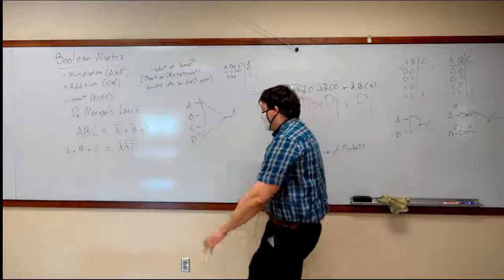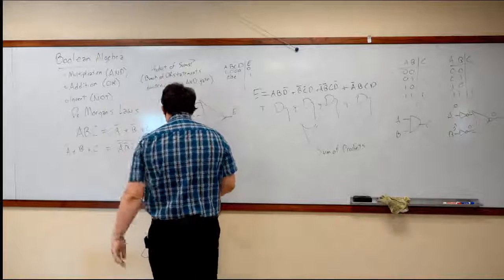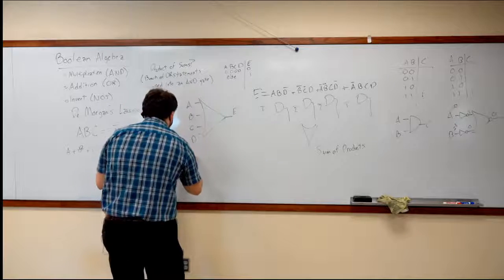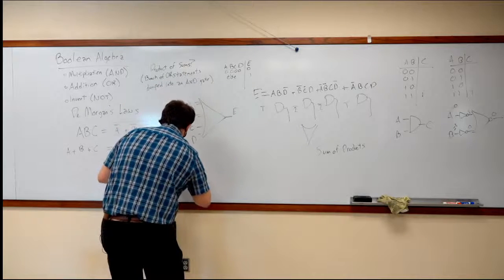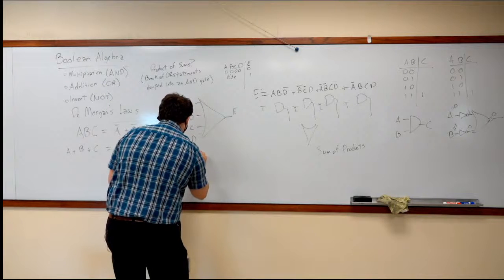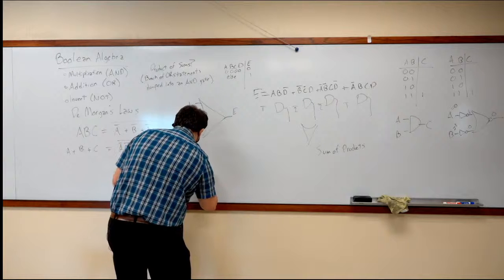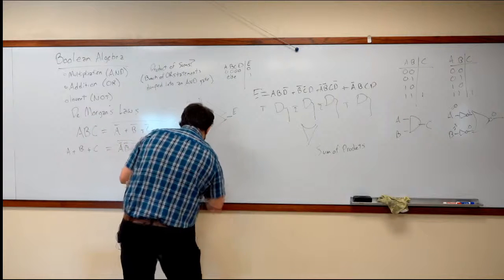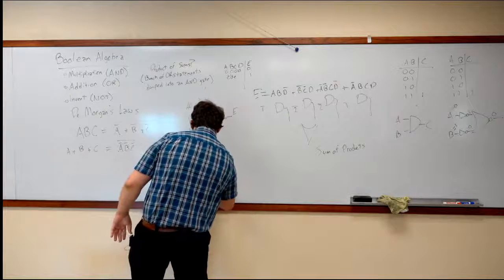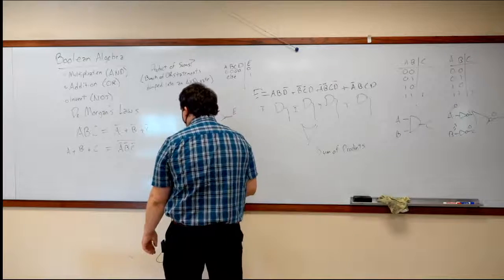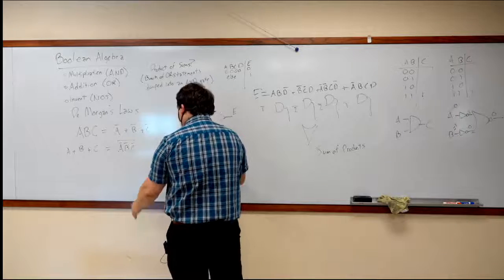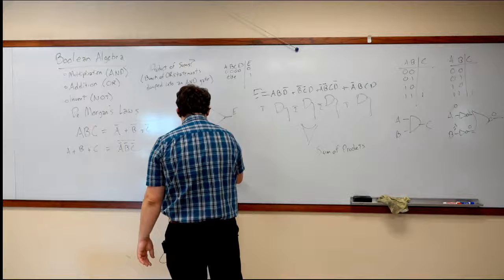Or we can take this one, which is if we take A, B, C, and D, we invert all of them, and then we plug it into a NAND gate.